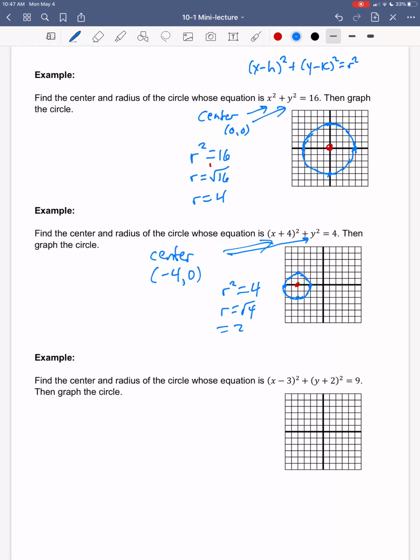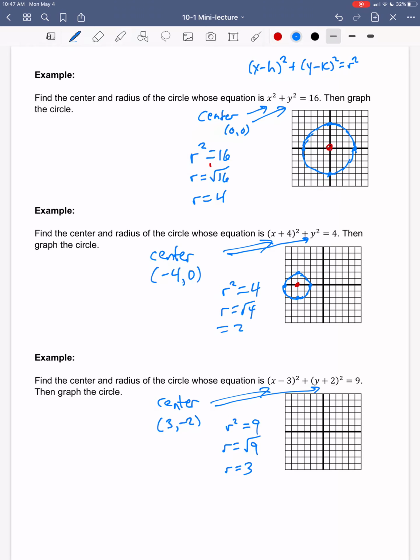And just one more example, when I look at this here, we think, what would I have to put in to get zeros out in those parentheses? I'd have to let x be +3 and y be -2. My r squared is 9, so r is going to be the square root of 9, which is 3.